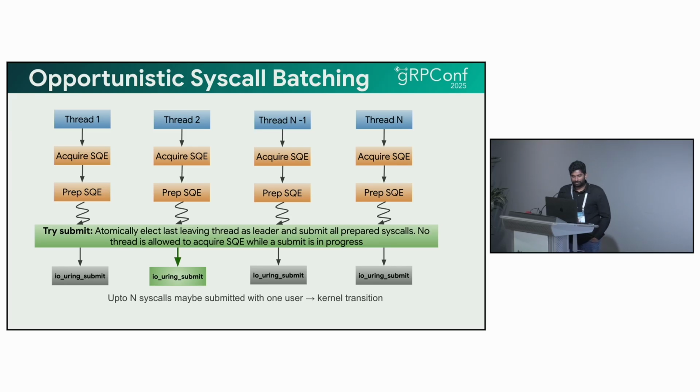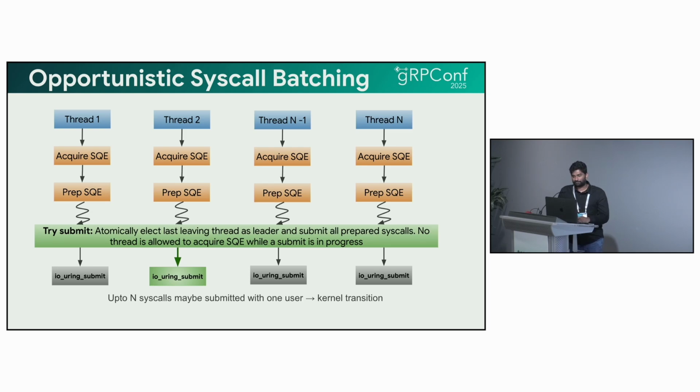So IO allows us to acquire multiple submission queue entries, prepare all of them, and then call IO submit once. This has the effect of batching multiple syscalls into one, thereby reducing the total number of syscalls that we make.